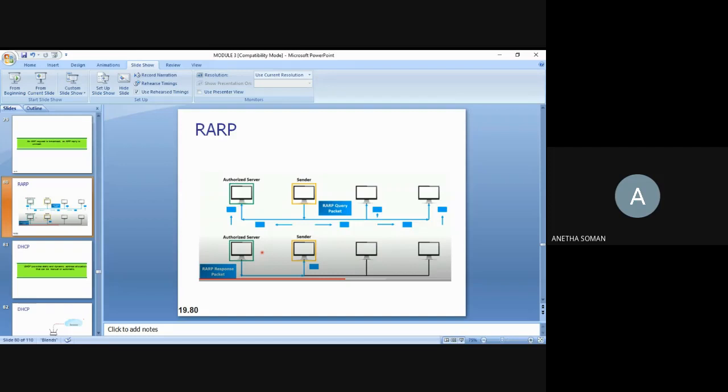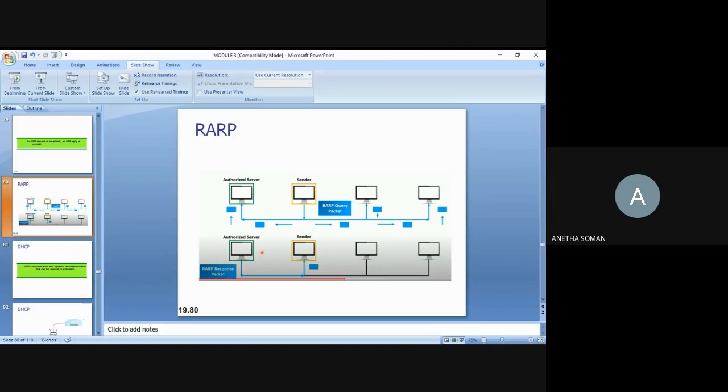So these are the two types of address mapping protocols: one is the ARP protocol and the other is the RARP protocol. ARP is used to obtain the physical address of the receiver, and RARP is used to obtain the logical address of the sender. That happens in the case of diskless machines.